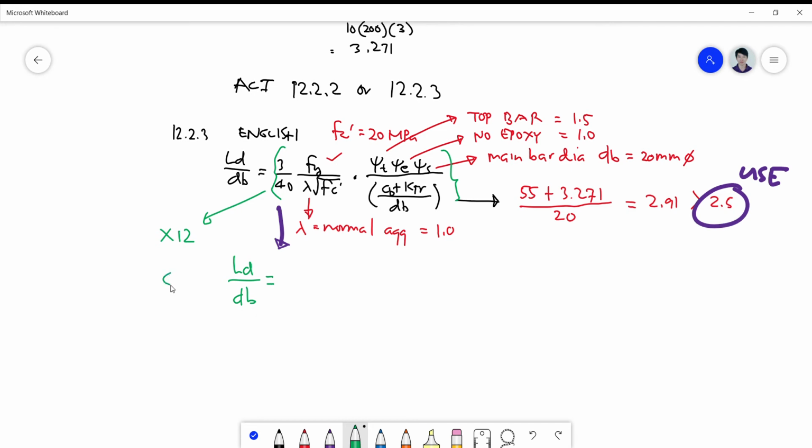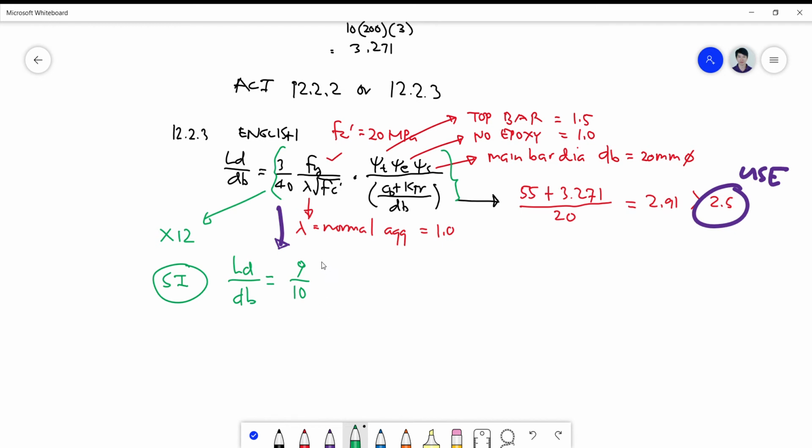So this is now the SI or the metric equivalent. Okay, so 12 times 3 divided by 40 is how much? I think this is 9 over 10. Okay, 12 is 4 times 3, cancel 4, that's 3 times 3, 9 over 10.